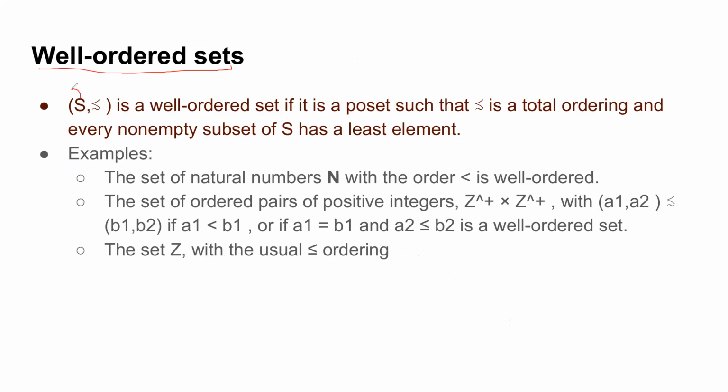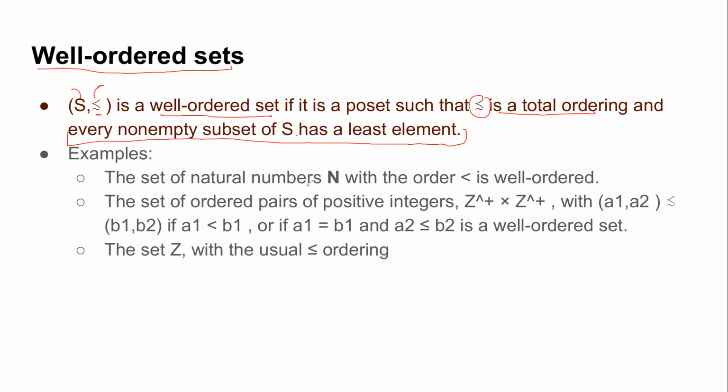A set S with a relation is said to be a well-ordered set if this relation is a total order, that is every element is related to every other element. And the important part which makes it different is this condition: every non-empty subset of S should have a least element, some minimum element of that subset. Let us see with examples.